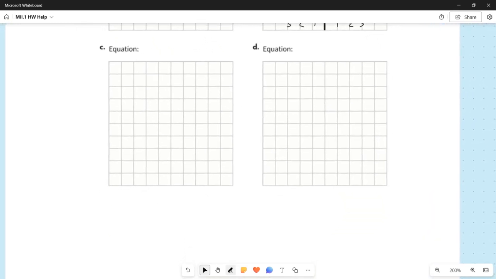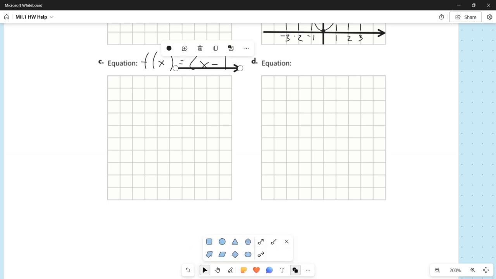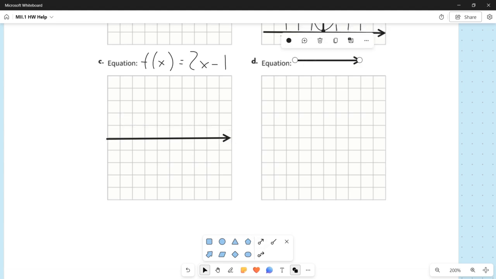Going on to C, our explicit equation for C was f of x equals 2x minus 1. Let's get a couple of axes here. Now for this linear function, I'm going to make my axes a bit more centered because we are going to be dealing with some negative values here.